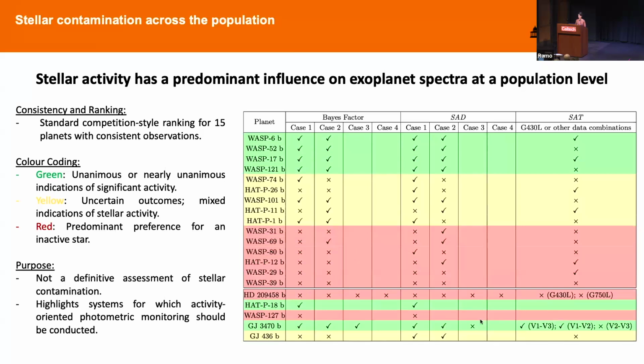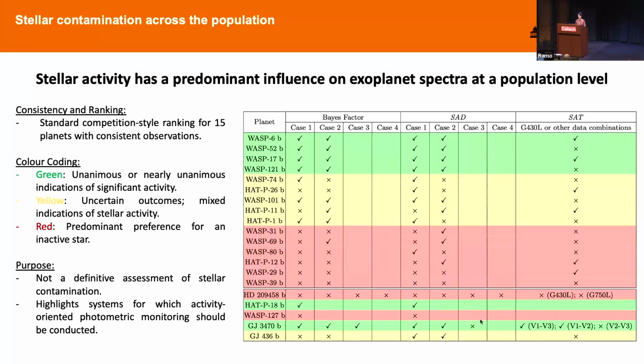Using standard competition style ranking, we ordered the planets in our sample from most likely to be contaminated by stellar activity, which is WASP-6b, to the least likely, which is WASP-39b. Also, the color coding that we use is indicative of stellar activity.